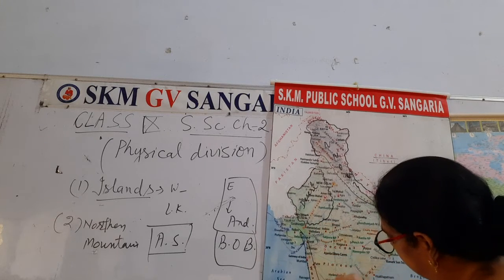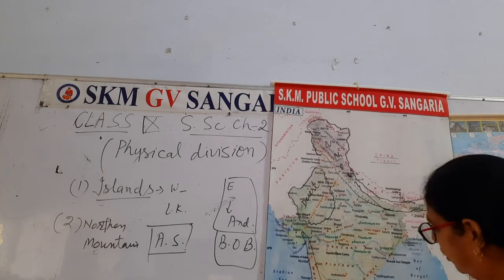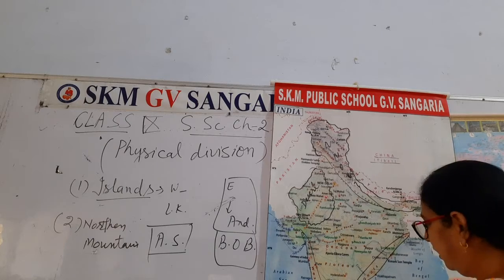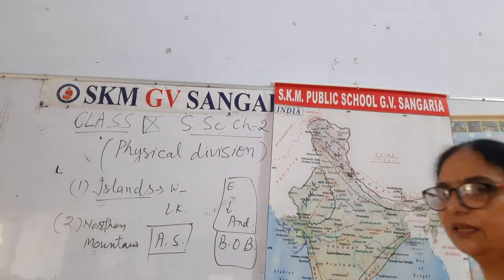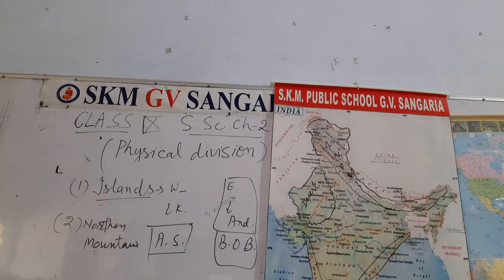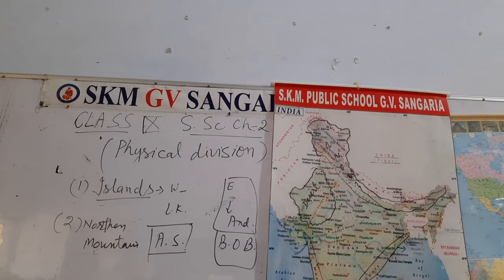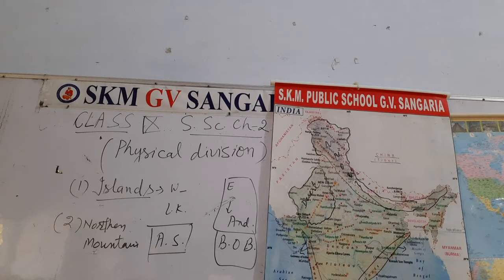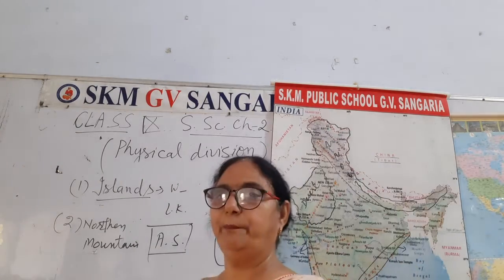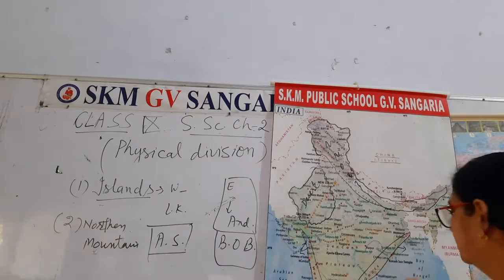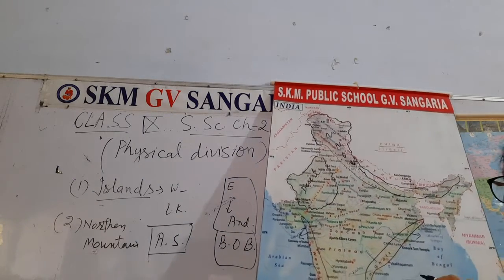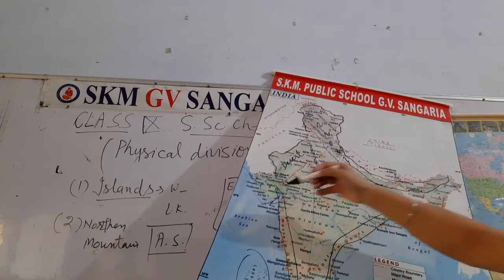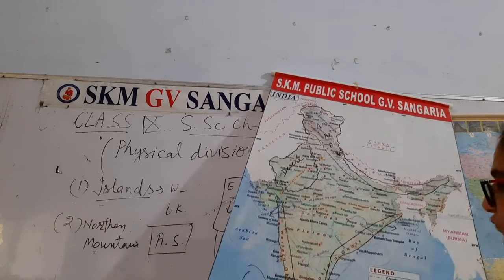Then our next is coastal plains. You know that coastal plains are near the sea coast area, and it is also one side eastern coast and other side western coast. This is the coastal area that is in Peninsular India. In my previous lecture I told you, this area of India is covered on 3 sides by sea.